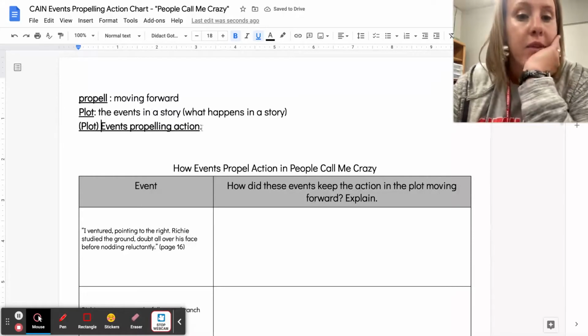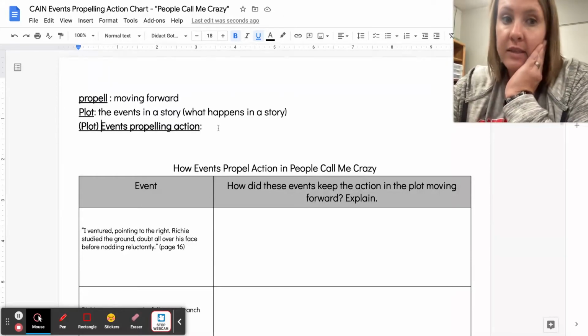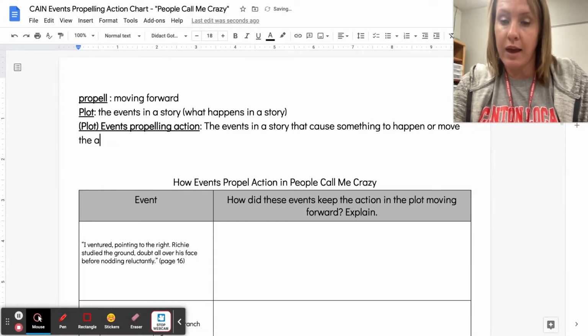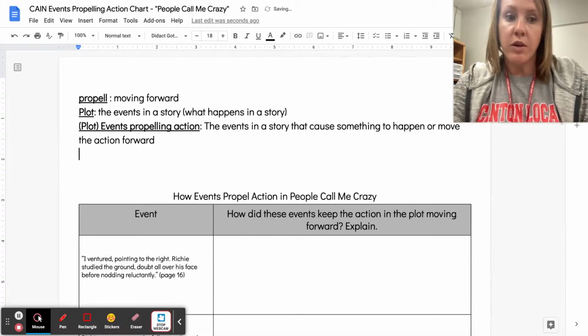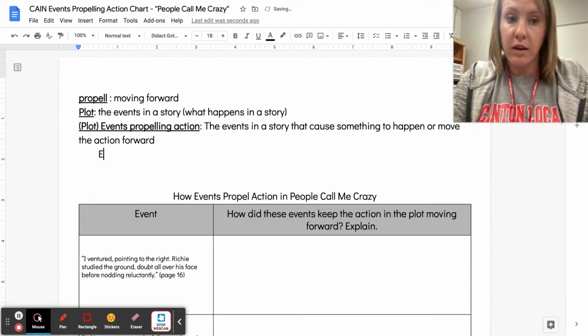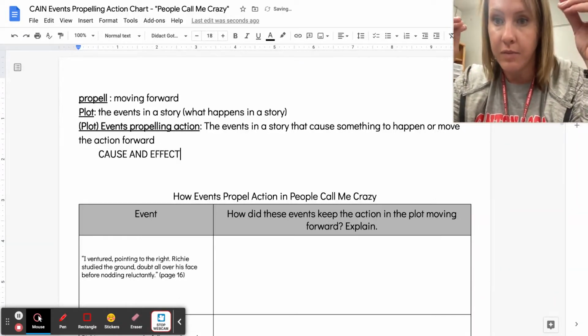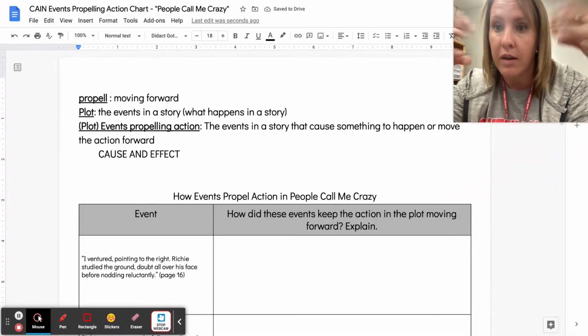These are the events in a story that cause something to happen or move the action forward. So when you think of events propelling action, you think of cause and effect. This happened, which affected this to happen, which affected this to happen, which affected this to happen.